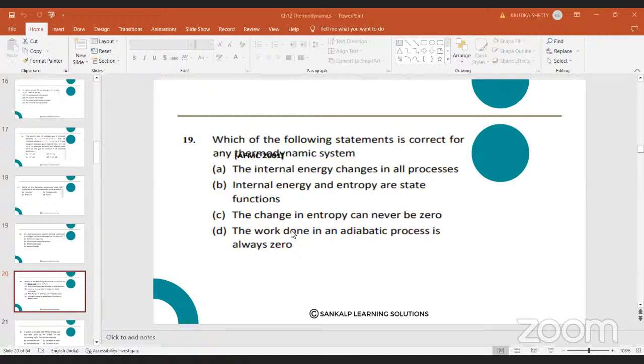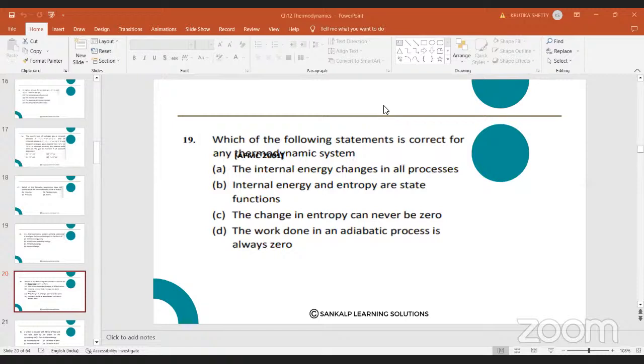D, the work done in an adiabatic process is always zero. Which one is correct?